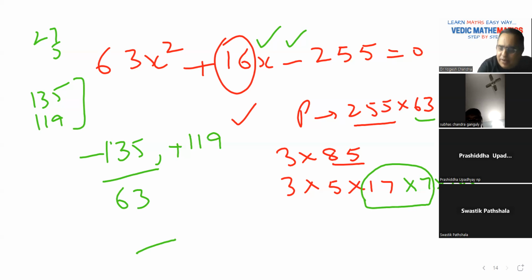So it will give me 15 and 7. And here 7. So here this will go by 7 sevens and 9. So that gives the answer.